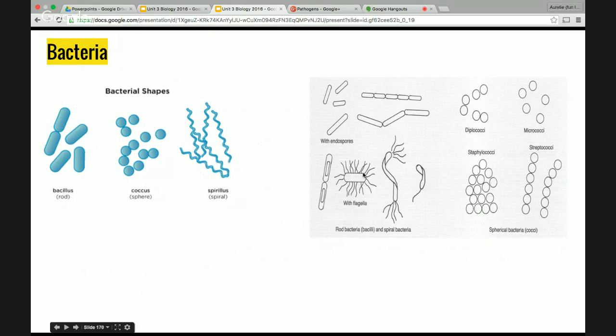Over here, you can see some have flagella, some have endospores. Then again, you don't really need to know all of this in detail. It's just something that you need to be aware of, but you don't need to learn this slide by heart. You just need to know that there are different shapes of bacteria and different arrangements.